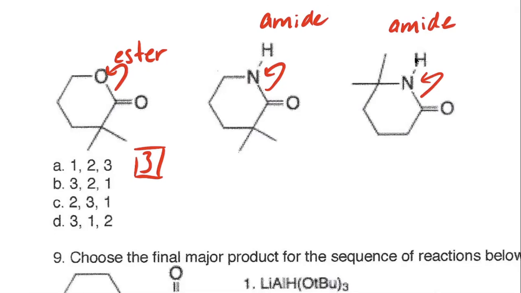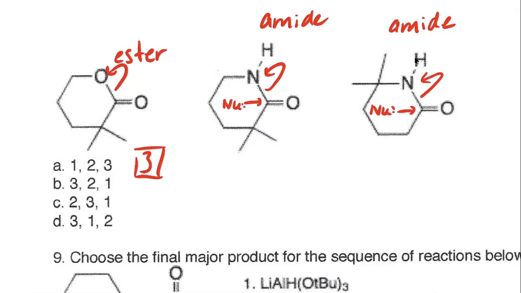Now, we'll compare between the two amides. And what is our point of difference here between the two amides? So remember, the nucleophile is going to go and attack that carbonyl carbon, okay?